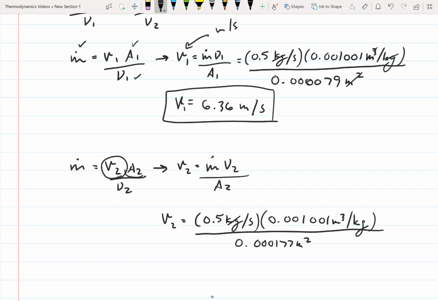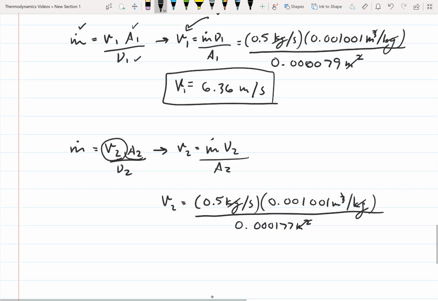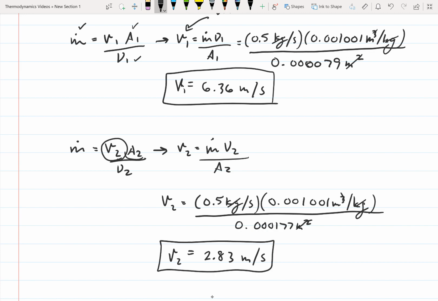All of our units cancel out the same as before because we're basically solving the same equation with different numbers. So this is equal to 2.83 meters per second.